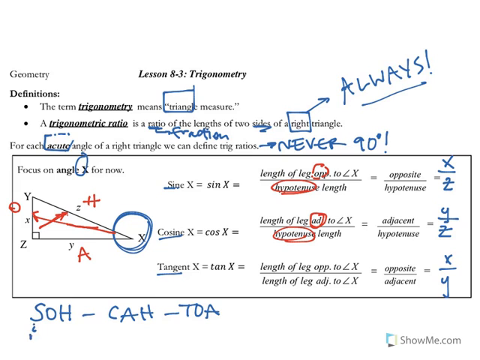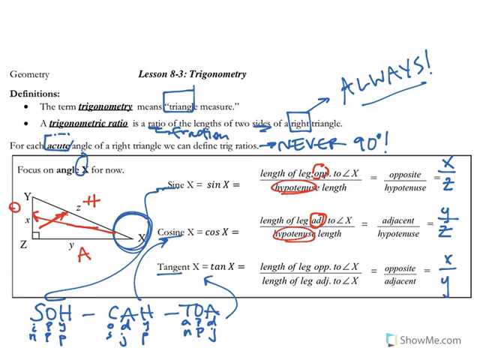So SOH is sine, and sine is opposite over hypotenuse, as we demonstrated right there. CAH is cosine, which is adjacent over hypotenuse, which again we represented right there. And the last is TOA, which is tangent, which equals opposite over adjacent, which is right there.